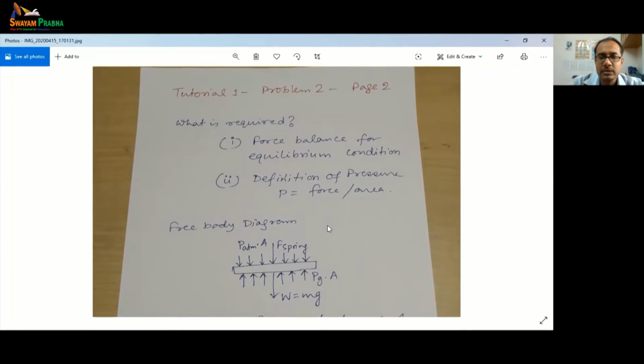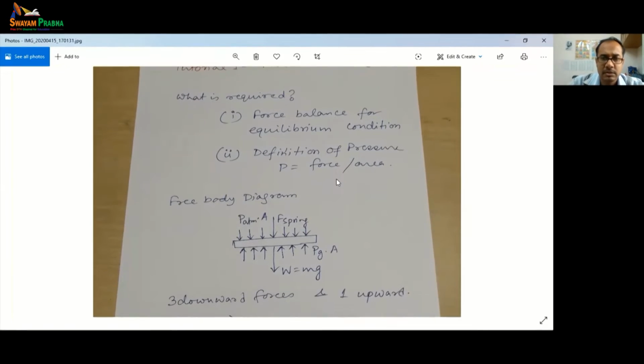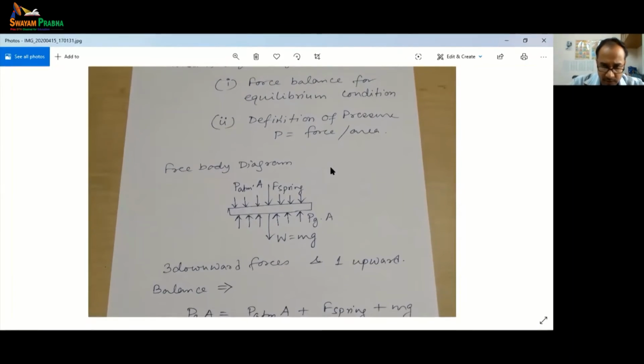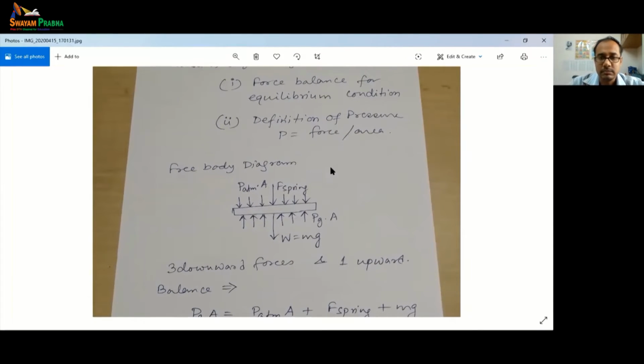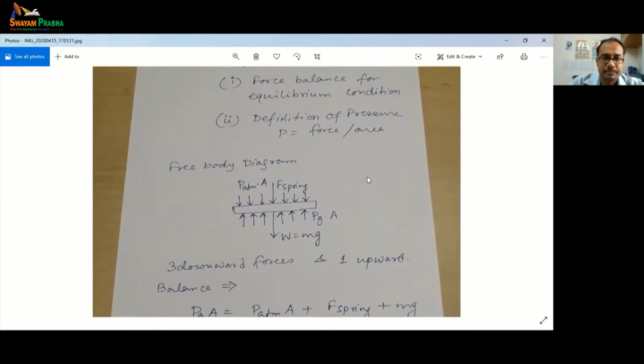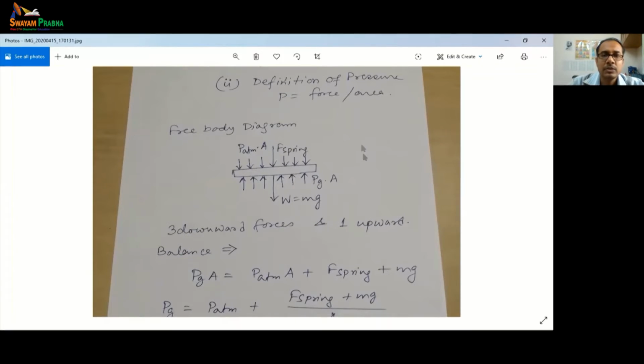So that force balance we have to solve first. Then it's the definition of pressure, which is force divided by area. That's what we are going to use. For the force balance, what we need to do is the construction of a free body diagram. In a free body diagram, we take the portion for which we are trying to do the force balance and look at all the forces that are acting on that particular part.